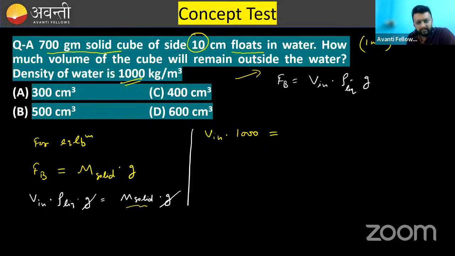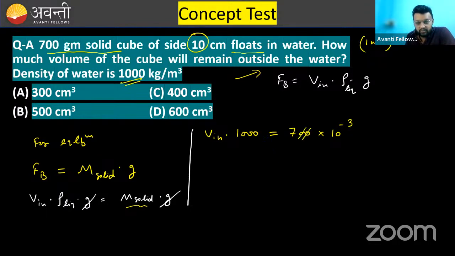Mass of the solid is what? I think it is given as 700 gram. Gram can be converted into kg. Is it clear?